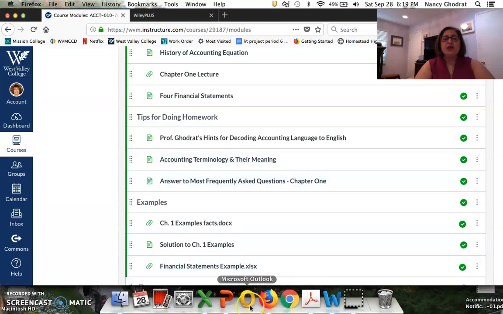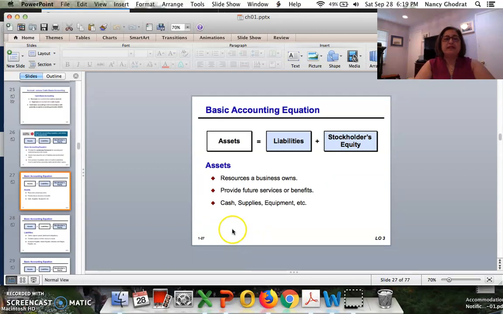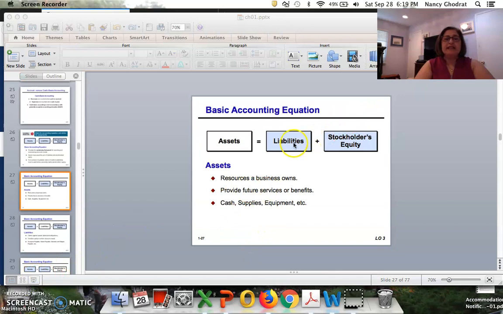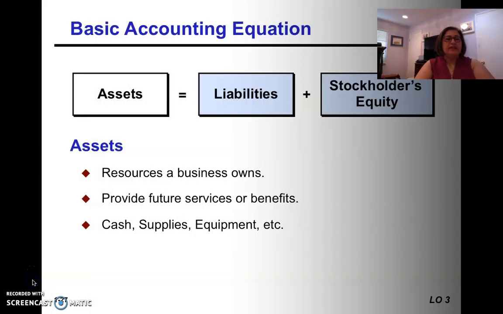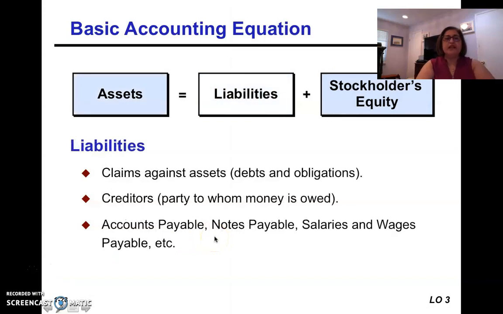Okay, so going back to what we were discussing, now let's go over the definition of liabilities. Liabilities are any type of obligation that the company has. So for example, if the company borrowed money from anyone, then that shows up under the category liability.